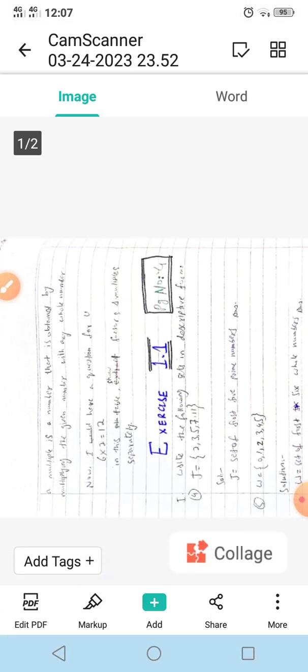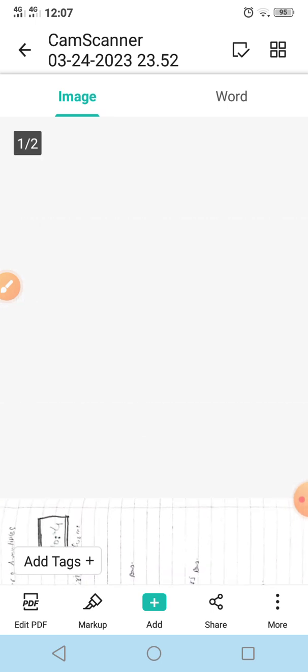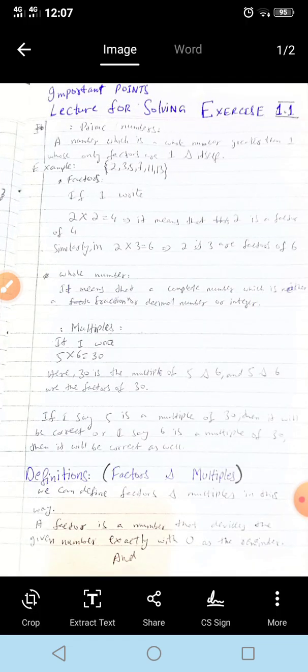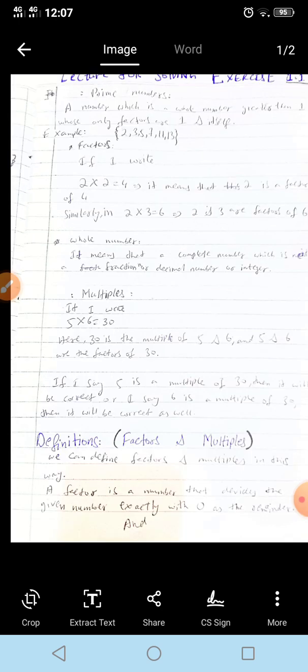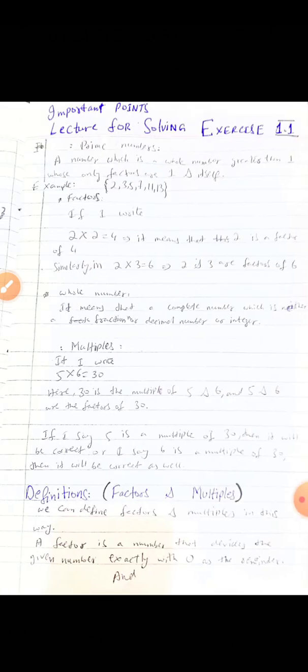But before this I would like to give you an example in which you can easily understand. Okay, let's take the previous example.